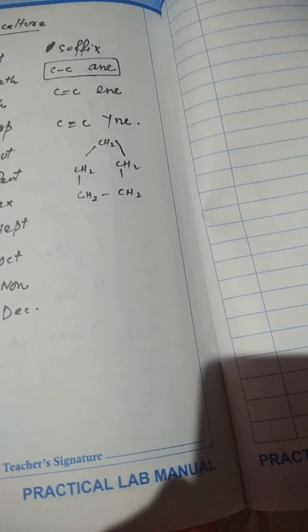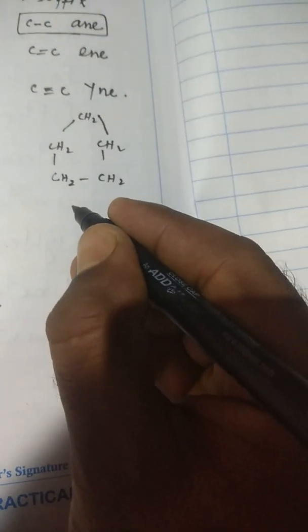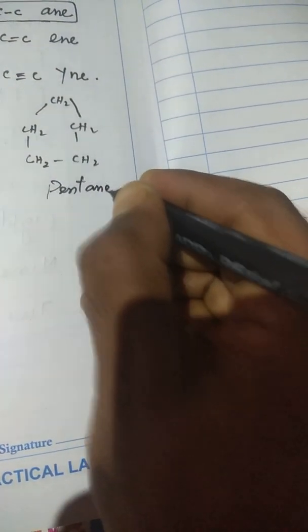It should not exceed this tetravalency, that is 4. Now how many carbons are there? 5. So it is pent. Now between carbon and carbon there is a single bond, so it is an. So it's pentane, but it's a cyclic compound, so we add the prefix cyclo.